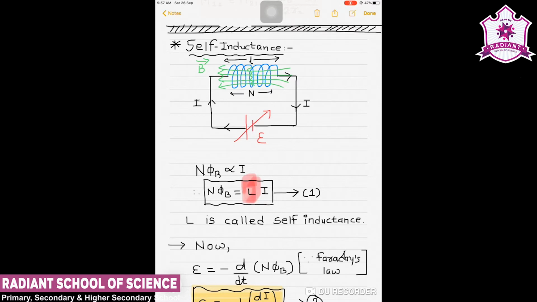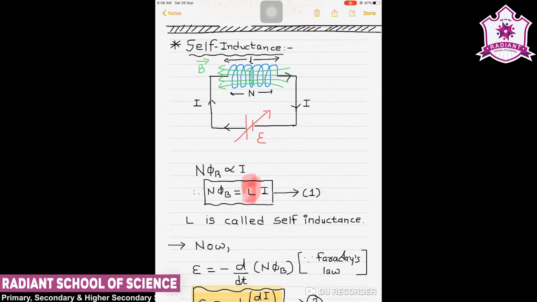In this case, the flux linkage through a coil of capital N turns is proportional to the current through the coil, expressed as N phi B is proportional to I. If we remove the proportionality, we add a constant, capital L, where this L is called the self-inductance of the coil.